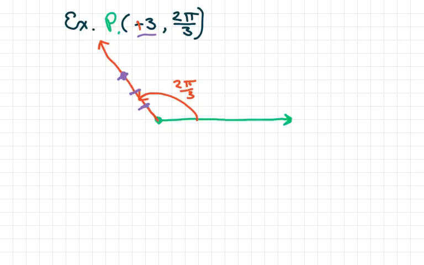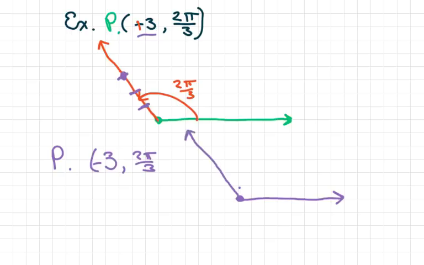Now let's do another example where we can do the point as negative 3 and 2 pi over 3. So we draw our pole and our polar axis. I'm going to draw about an angle of 120 degrees, or 2 pi over 3, which is here.